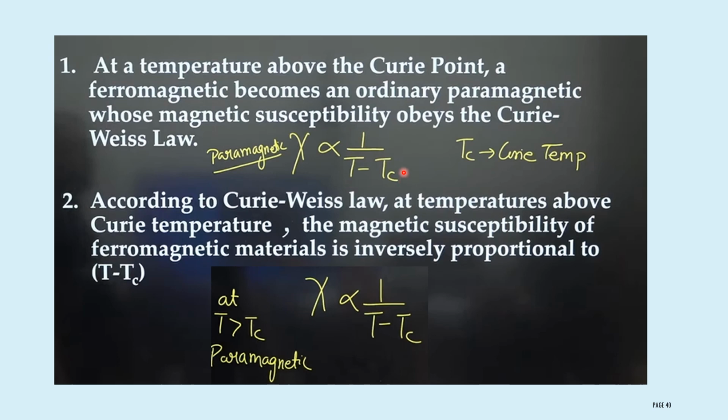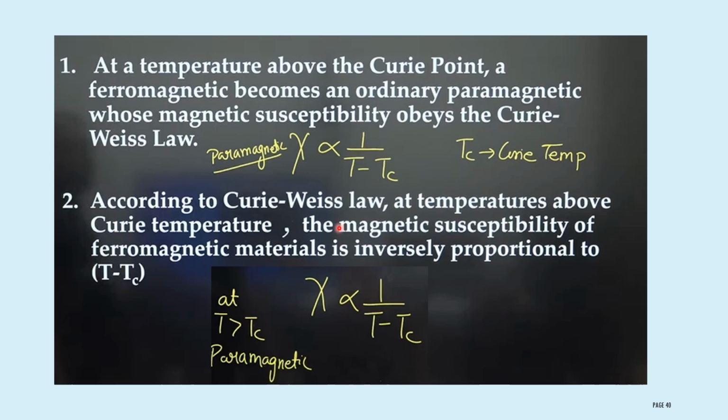When any ferromagnetic material attains Curie temperature, if you increase the temperature, then the ferromagnetic material will start behaving as a paramagnetic material at the point of Curie temperature. This one we call the Curie-Weiss law.